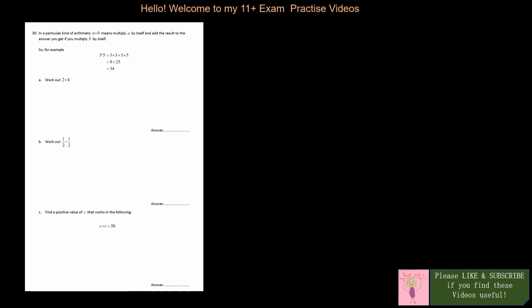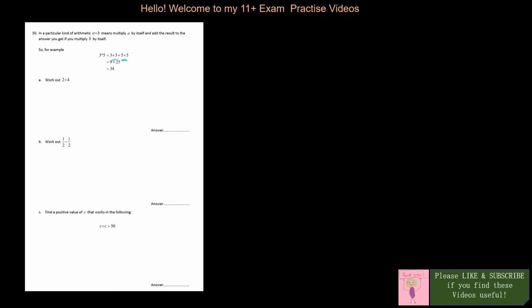The next one is: in a particular kind of arithmetic, A or B means multiply A by itself and add the result to the answer you get if you multiply B by itself. So they've given us an example. 3 or 5 means 3 times 3 plus 5 times 5.